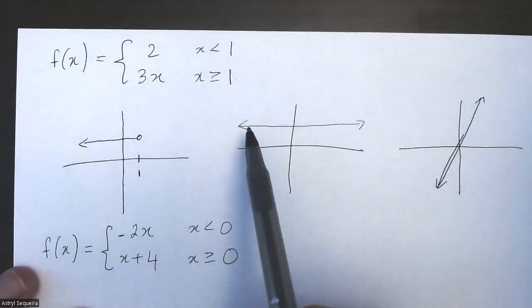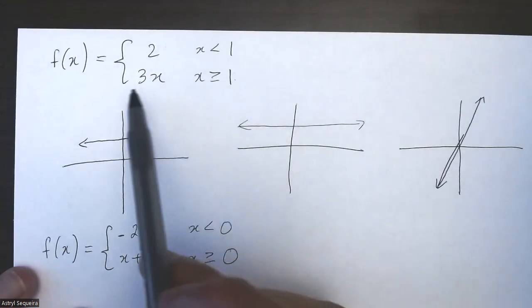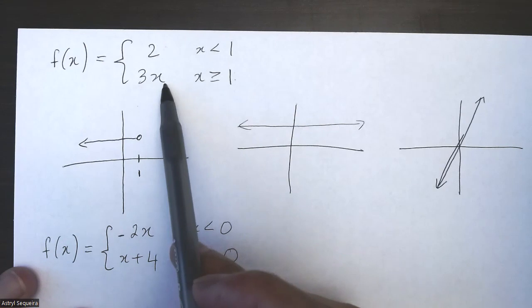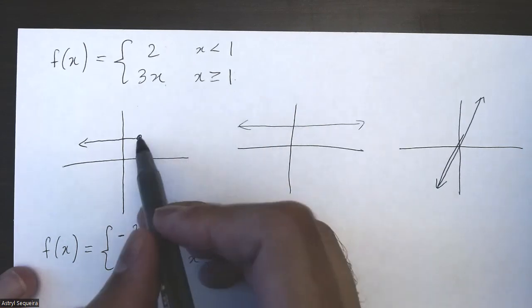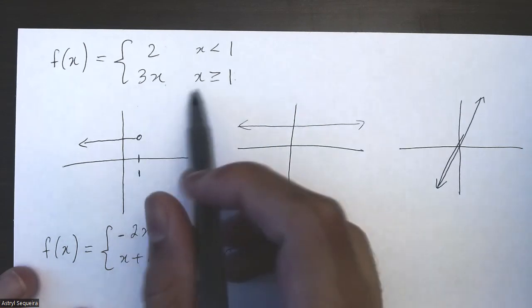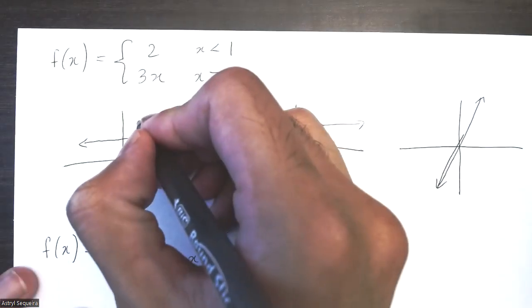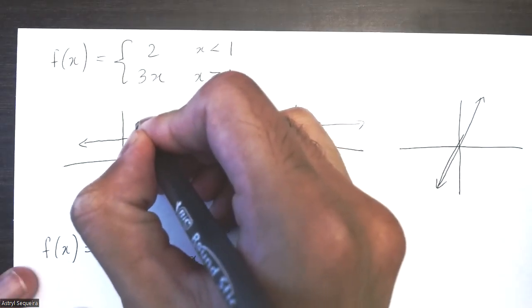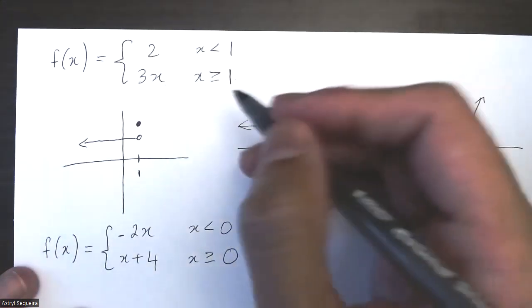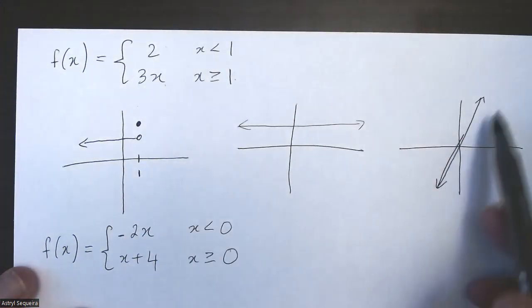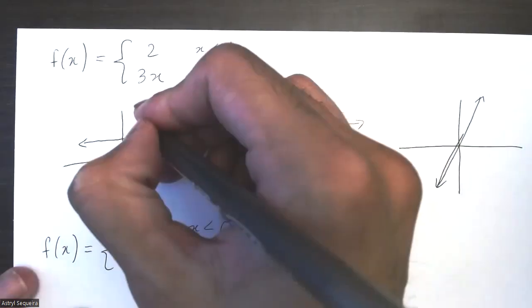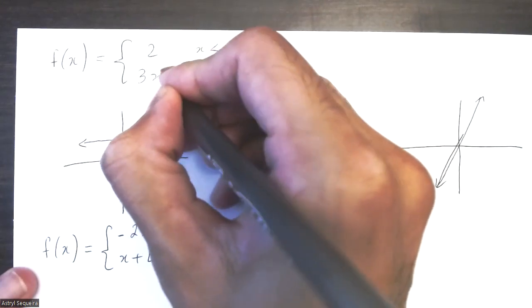3x is the right side of the function. So if I sub in 1 into 3x, 3 times 1 is positive 3, which will be slightly higher than this. And there's an equal sign, so I'm going to put a filled dot over here. And then I know that this line just has a slope of positive 3. So it just looks like that.